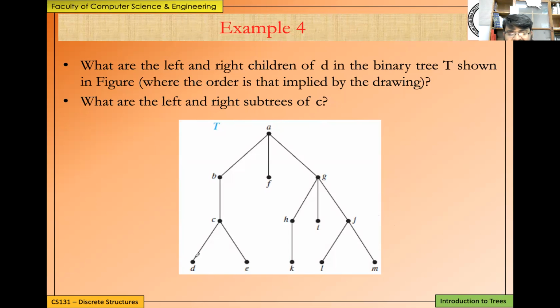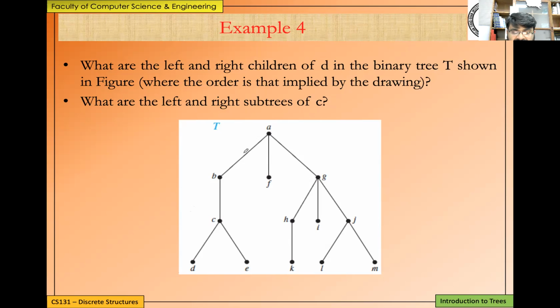What are the left and right subtrees of C? The left subtree of C is basically D only, and the right subtree of C is basically E only. Each contains only one vertex. The order is that implied by the drawing. So this is an ordered tree, right? If you put D over here and E over here, that is going to matter.